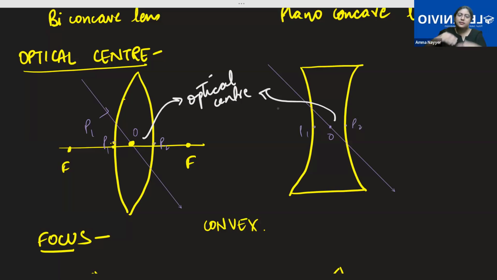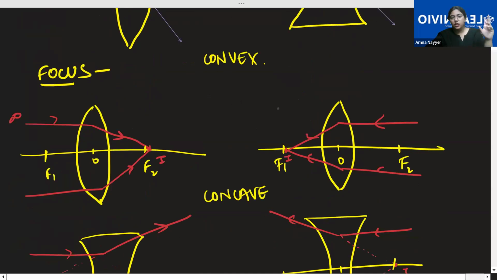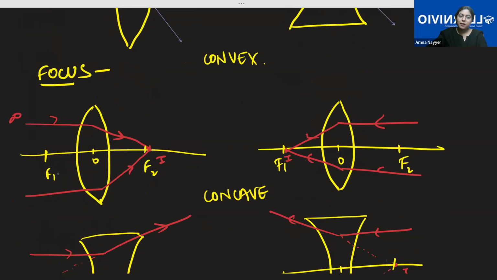Now, what did we discuss? The principal axis, wherever it cuts the lens, gives you the pole. So here two poles will be there, and since two poles are present, two focal lengths and two radii of curvature will be present. Two foci will be there, F1 and F2. This is the primary focus, this is the secondary focus.